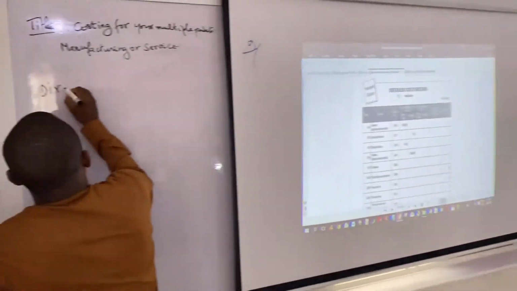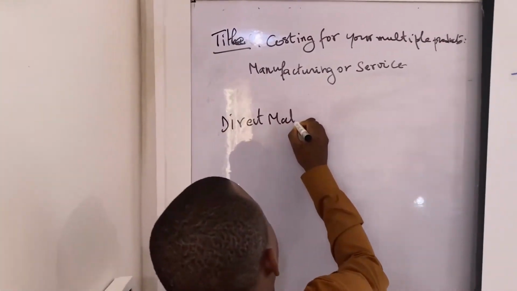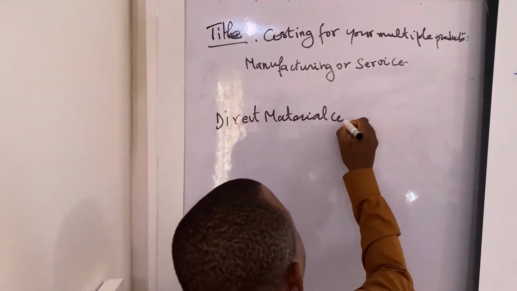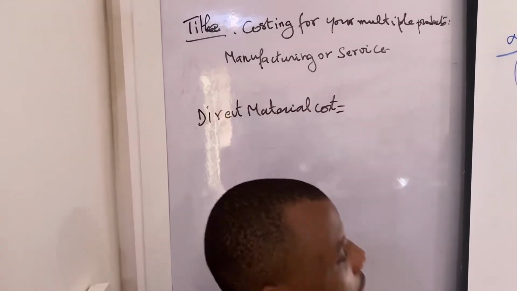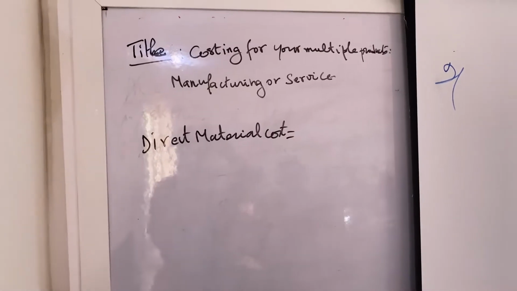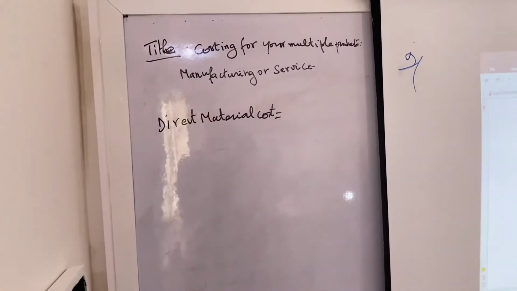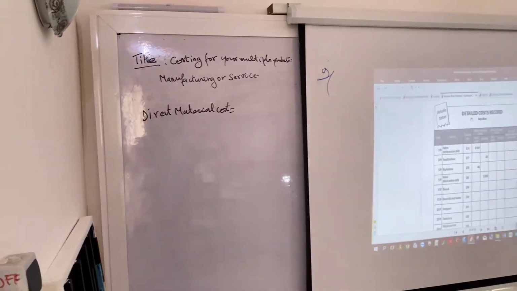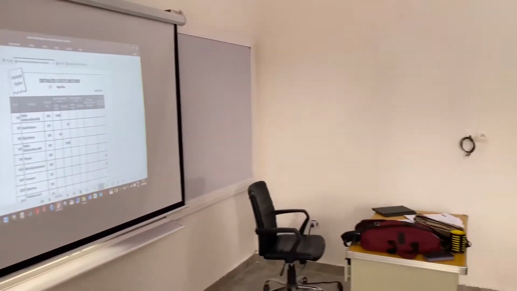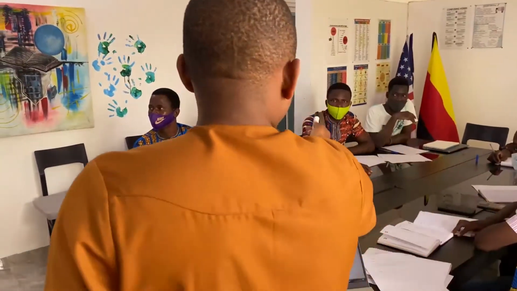Direct material cost. So direct material cost. How do you calculate direct material cost per item? The direct material per item, you need to take the direct material cost per month divided by, who can give me the answer?